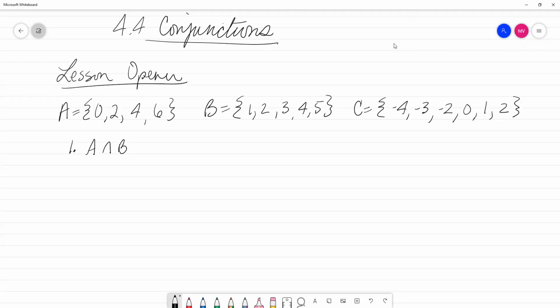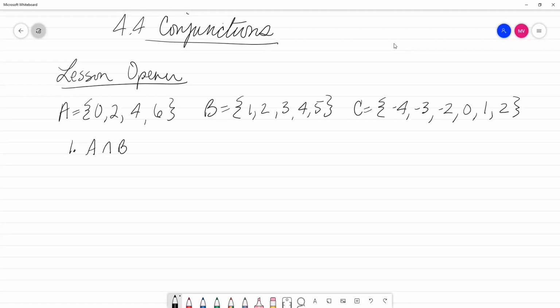So an intersection is just the numbers that are in 2 sets or 3 sets, the sets being compared. And a union is a combination of the numbers that are in either one or the other. So they don't have to exist in both.